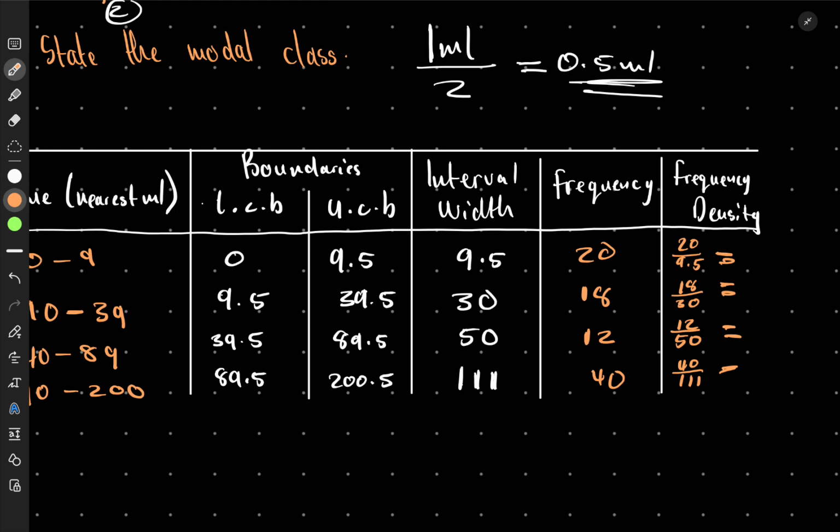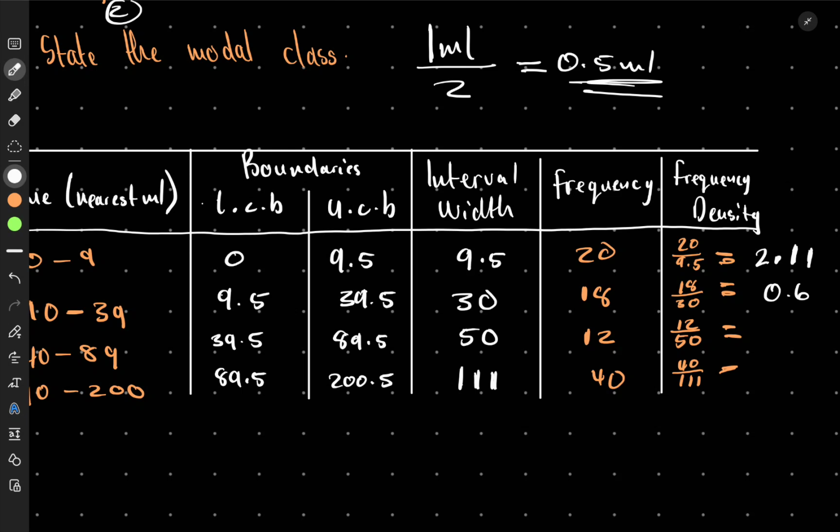Okay, we can go ahead and find 20 divided by 9.5. We'll get 2.105. Frequency density now is going to be 2.105, so I can say 2.11. Then here, 18 divided by 30. We'll get 0.6.